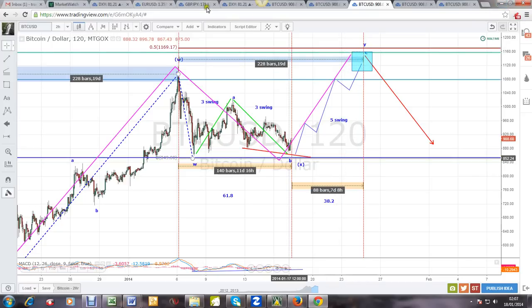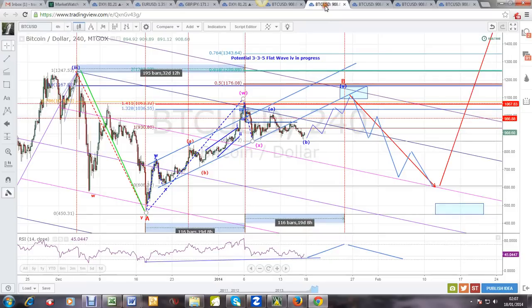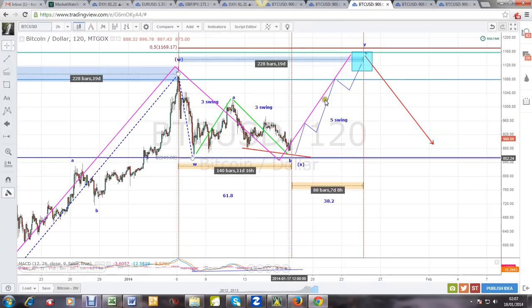And remember, just like this one here, in terms of time it only took like 50% of the overall pattern. If something similar plays out, you see this took nearly 140 days. If we only measure from here, it's 120 days.